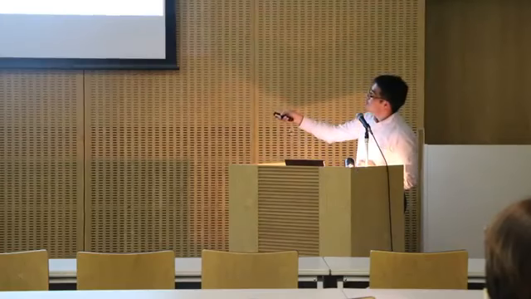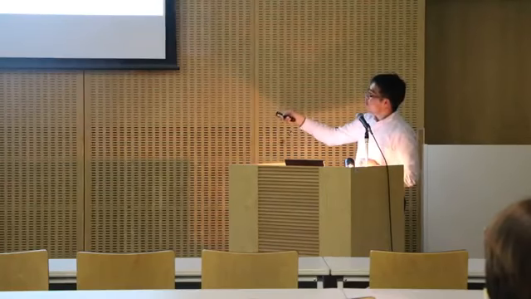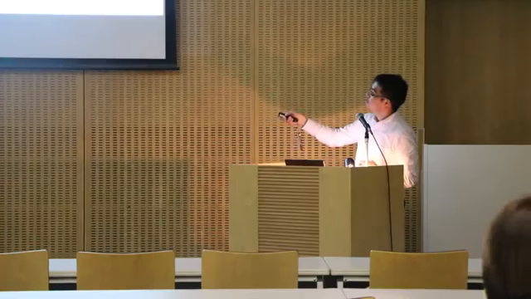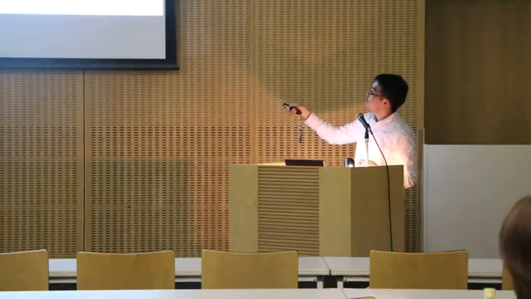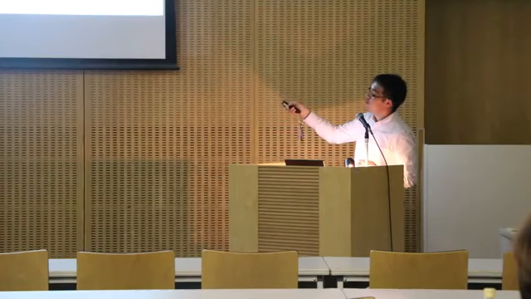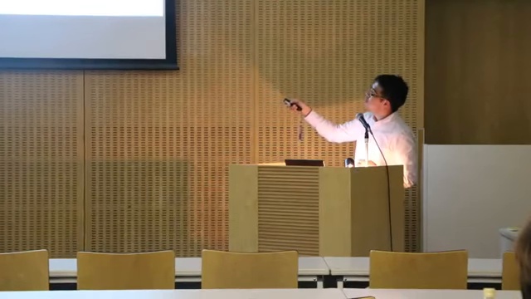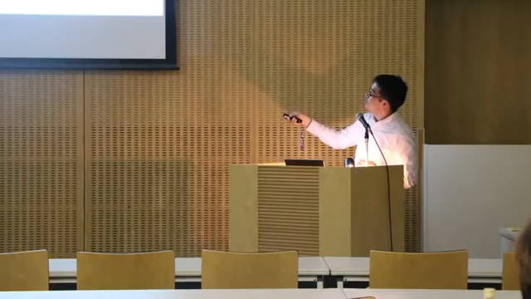To analyze the shape, I use landmark-based three-dimensional geometric morphometric analysis. Here is the workflow. The first step, specimen preparation, is the gardening work. We wait until they are flowering, then I send them to the micro-CT, put them on the stage, and do the sectioning scanning. The result comes out like this, a slice sectioning image.